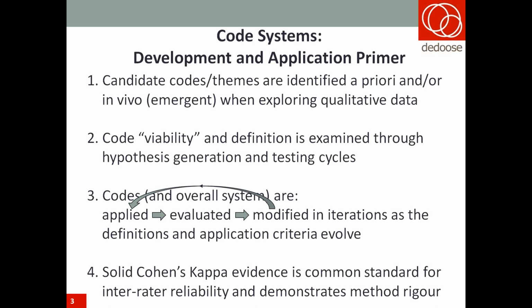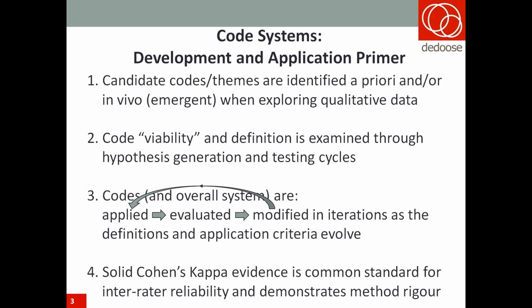So there are really these two ways of initially developing these things. We come up with candidates a priori, or from an in vivo or emergent perspective. Code viability, and how we define these codes, is really a process of hypothesis generation and testing.